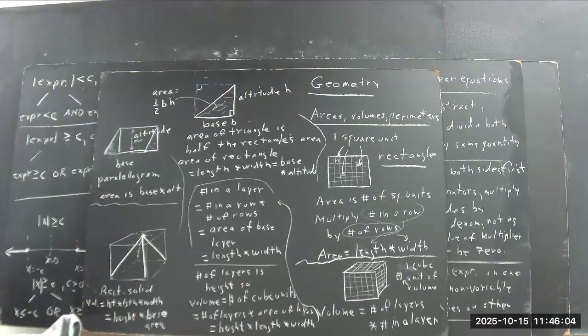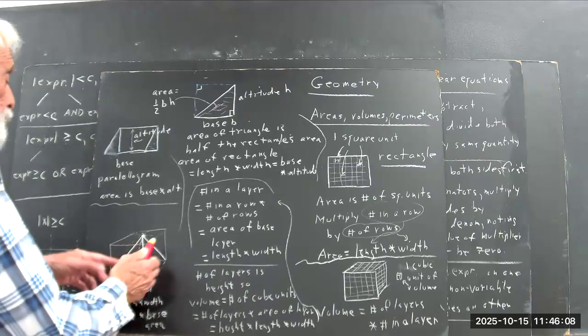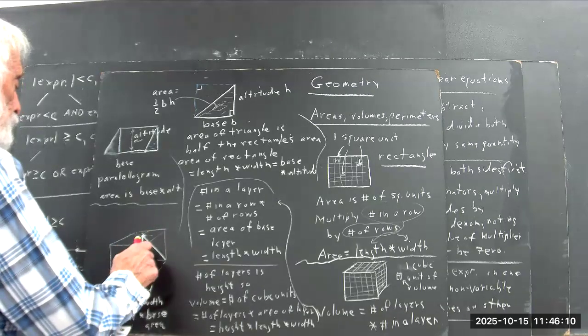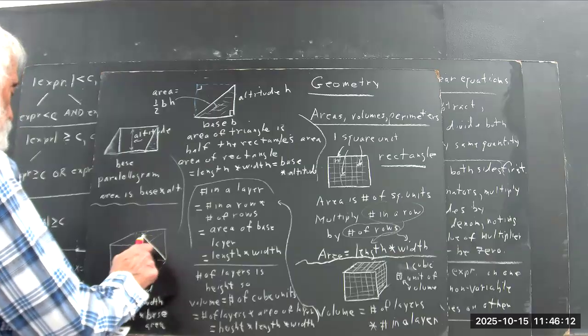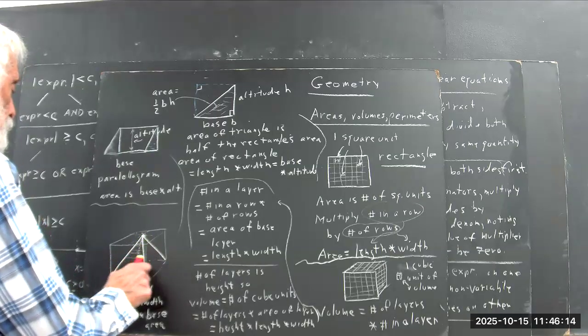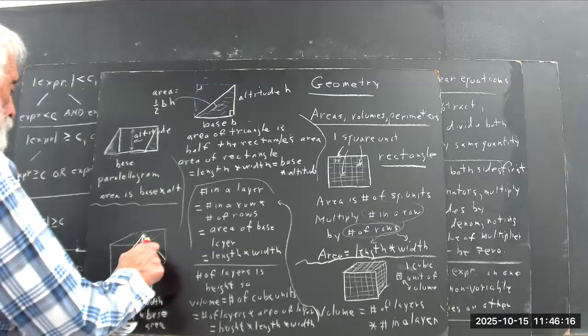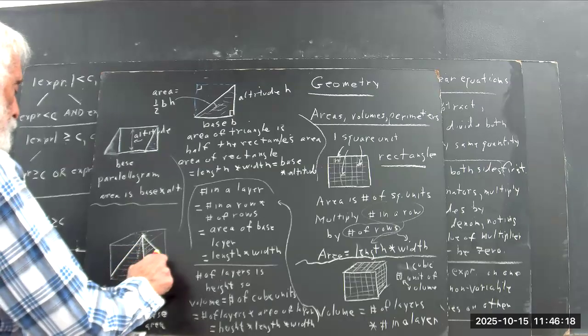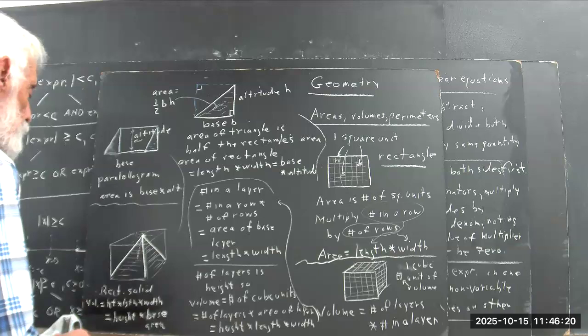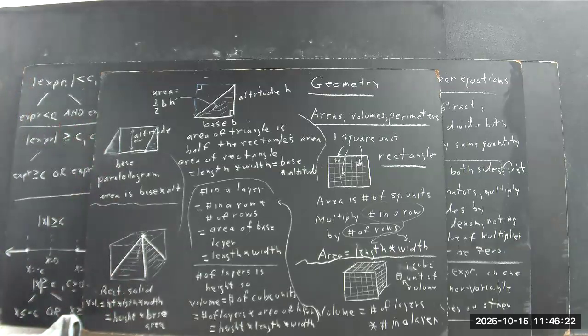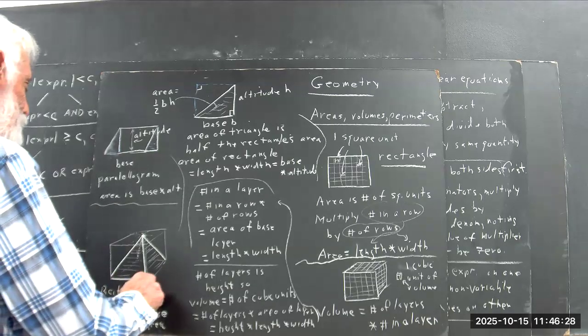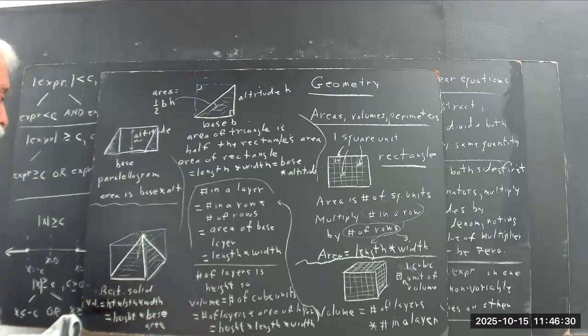Does that picture make sense? It's got the same base, but it comes to a point at the top. And now I can shade this thing a little bit. So that looks exactly like one of the Egyptian pyramids, doesn't it? Well, not really. My artistic skills are what they are.